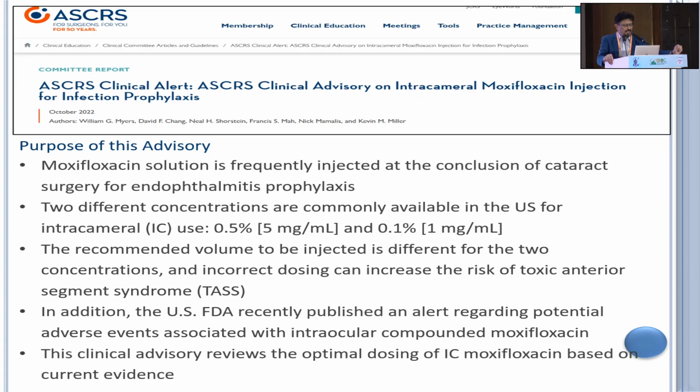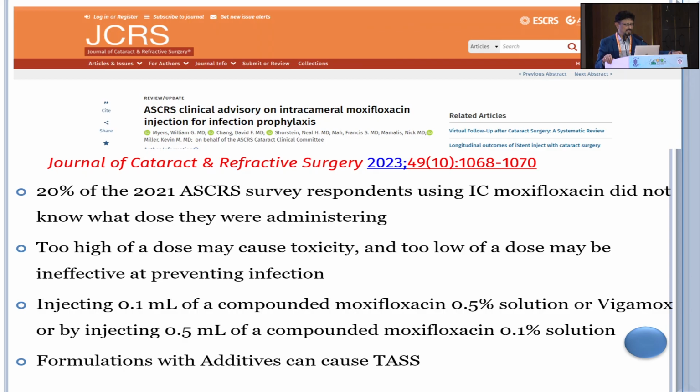They did this advisory because they found out that moxifloxacin is being increasingly used, and there are 2 different concentrations available, 0.5% and 0.1%. So what should be the dose? Because if you inject more, then there is risk of TASS. If you inject less, then it is ineffective. And that is what they addressed, and they finally published the report in the JCRS in the year 2023.